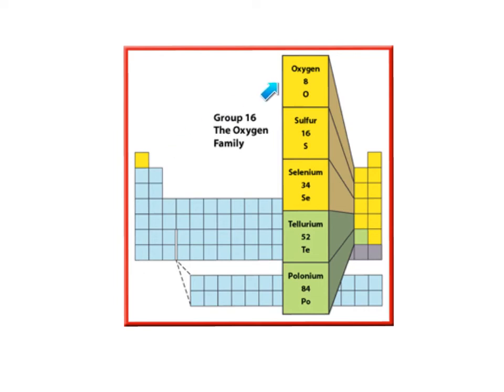Oxygen's the only gas in the group. Oxygen, sulfur, and selenium are nonmetals, but when you move down the group, metallic character starts to increase, and tellurium is actually considered a metalloid. And polonium is rare and very radioactive.